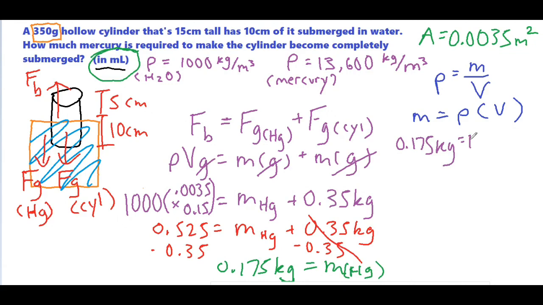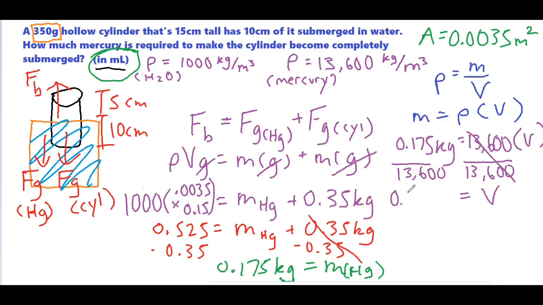We know the density of the mercury, 13,600, as given by this setup in the very beginning. And then we can find the volume. So we're going to divide both sides by 13,600. And then we're going to get a very small value for our volume, 0.00013 meters cubed.